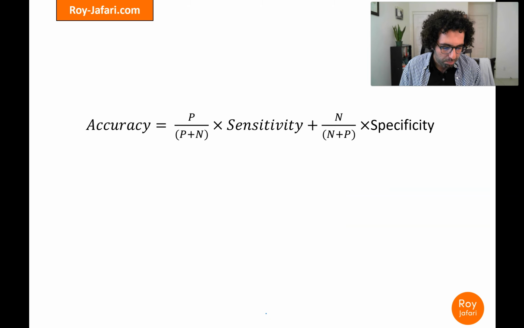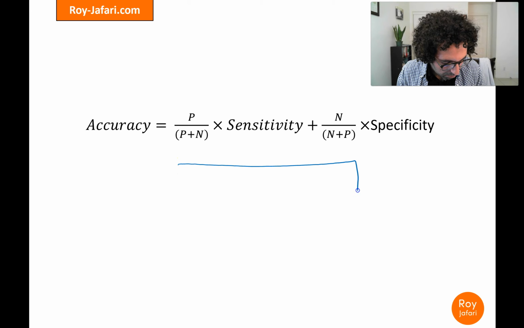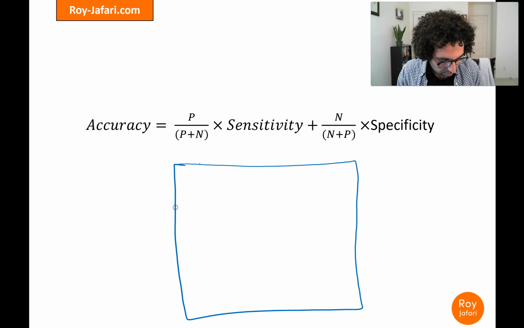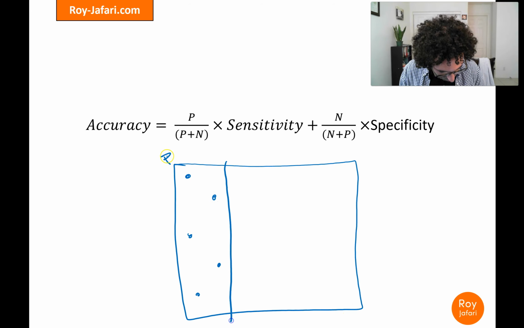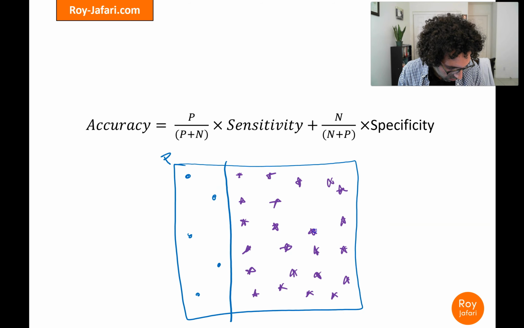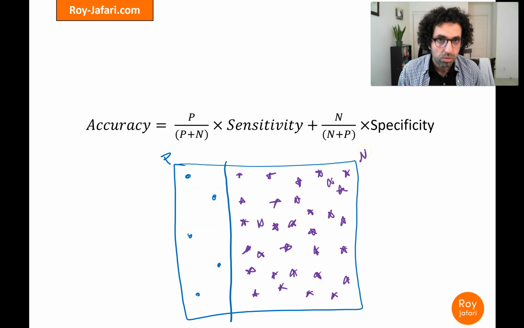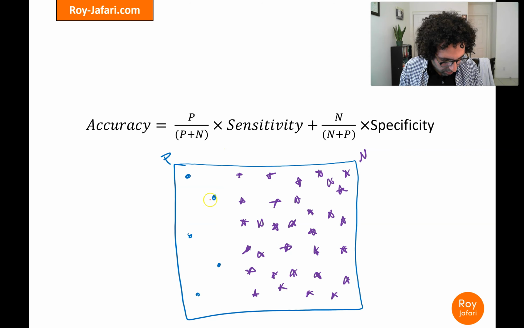So if we have an imbalanced data, let me get imbalanced data. So now we do our classification, right? And then we select these as our positive cases.